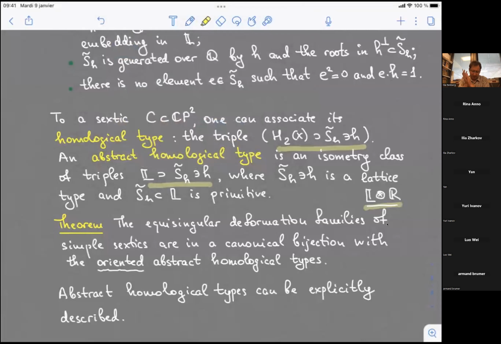I have all these two planes, and all these two planes can be oriented coherently.